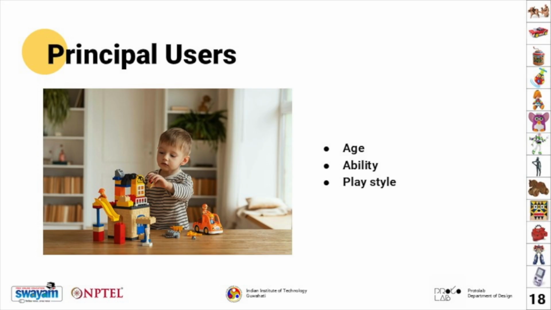Ability includes physical, cognitive, emotional, and sensory differences. Play style varies. Some children prefer quiet play, while others seek movement or social play. A toy designed for a 4-year-old will not work the same way for a 6-year-old. A toy designed for one type of learner may exclude another.